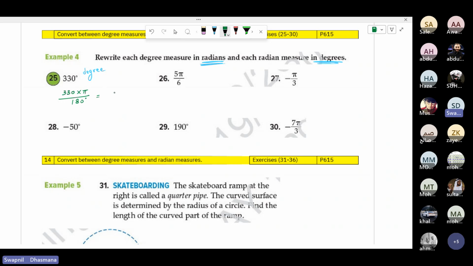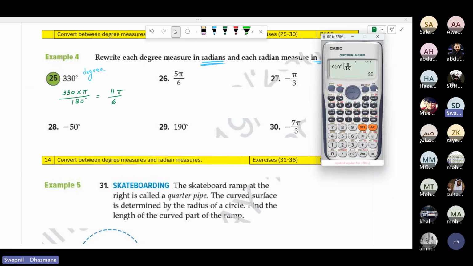When you solve it on the calculator, you will get this. How to write pi on the calculator? You will choose this 330 times shift pi divided by 180.